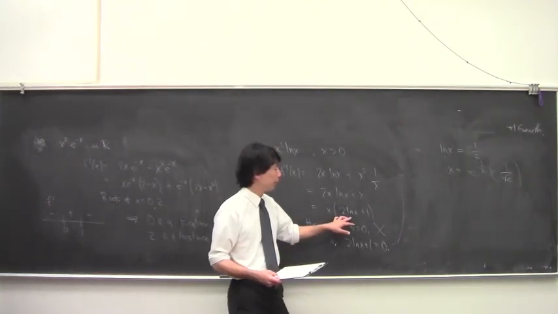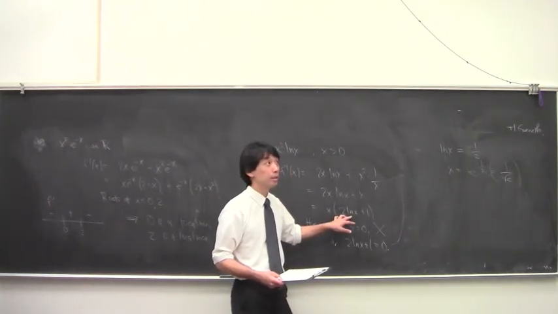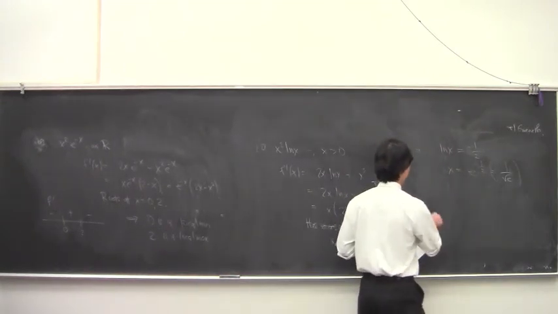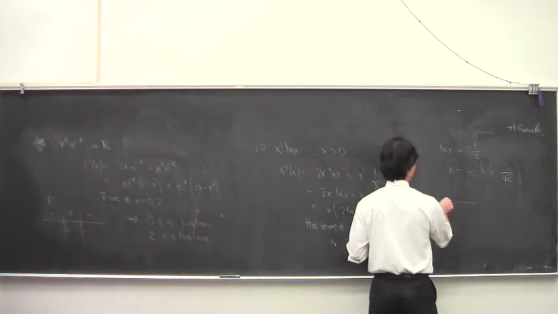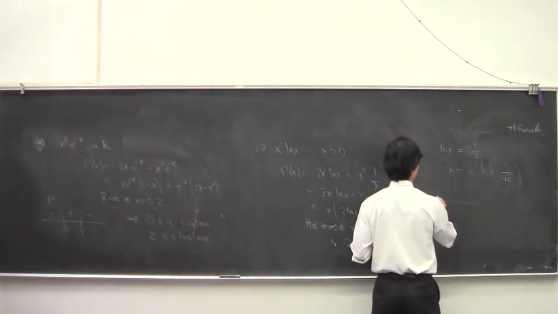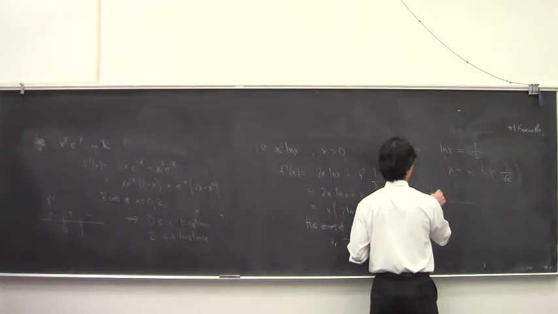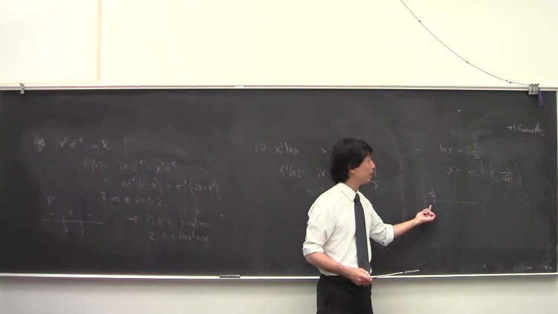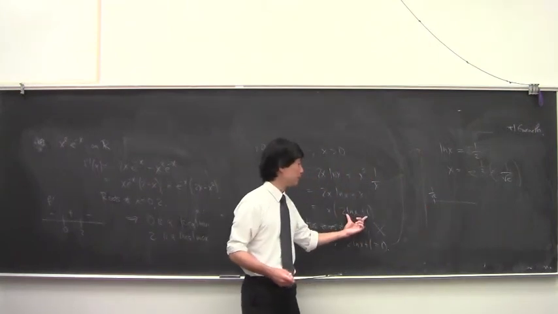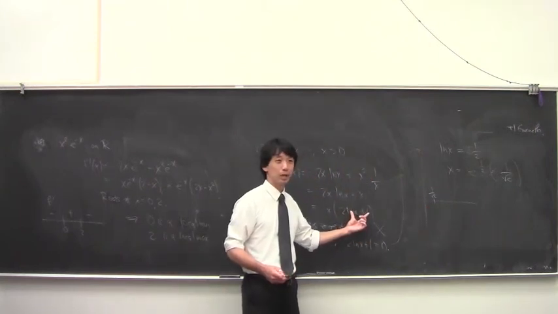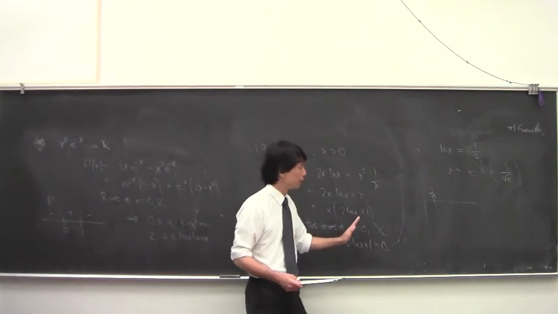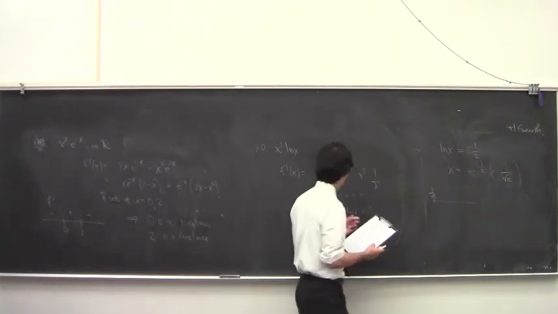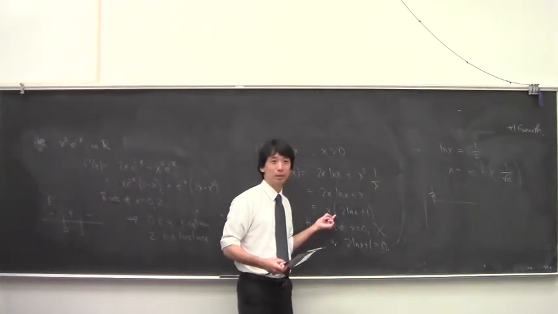Okay, and let me just finish it up for you since we're running a little bit over time. So there's only one place for the root, 1 over the square root of e. And then if you think about this function, it's basically like the natural log function multiplied by a positive number.